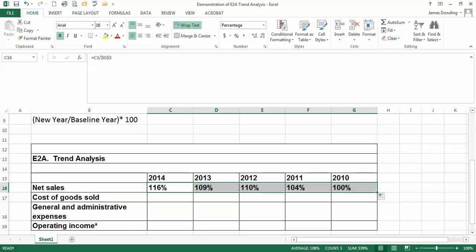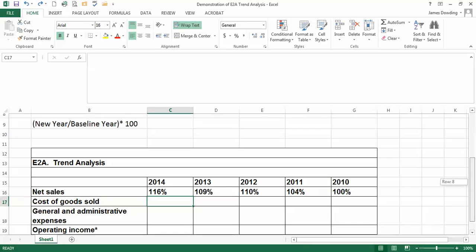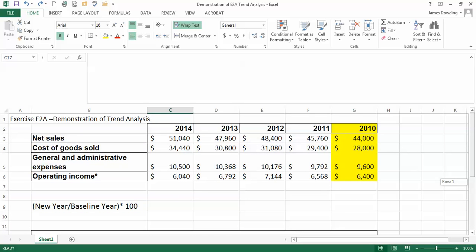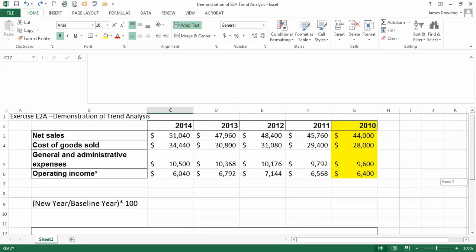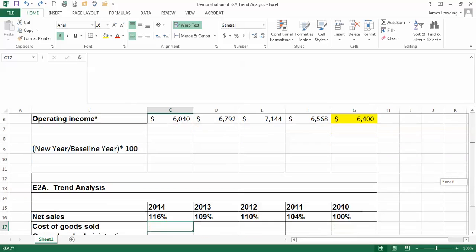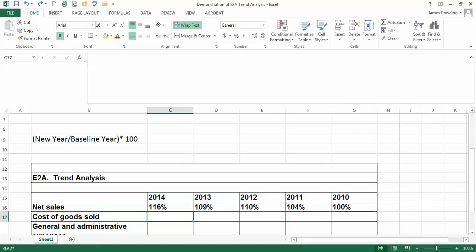Again, we can do the same type of thing. I can use the power of Excel and drag this down. Now for the cost of goods sold, I want to take the 34,440 divided by our baseline year.